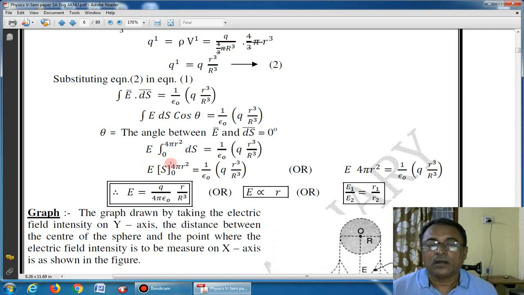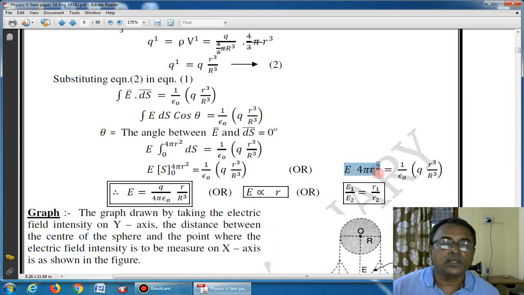Taking the limits, integral ds is equal to s, lower limit 0, upper limit 4 pi r square. The right hand side is the same, and the left hand side will become E into 4 pi r square minus 0, that is the lower limit value. The lower limit value is 0, so only E into 4 pi r square remains.